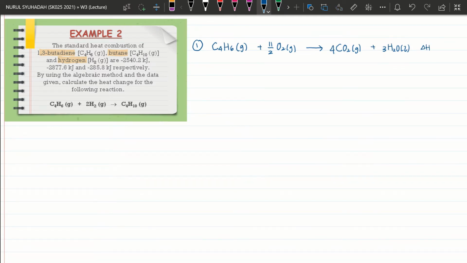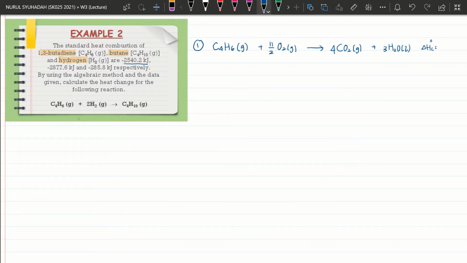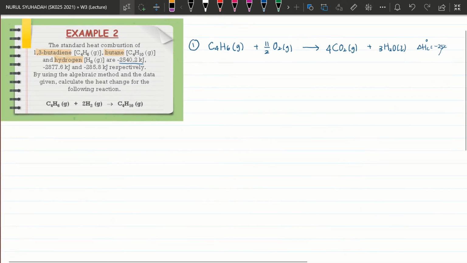Delta H not C for 1,3-butadiene is negative 2540.2 kilojoule.